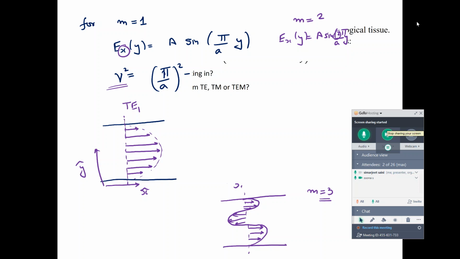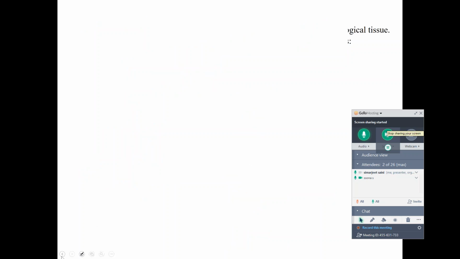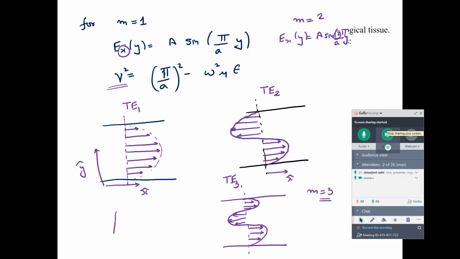Don't these shapes look exactly like a guitar string connected to two hard-bound walls, two hard-bound solutions?